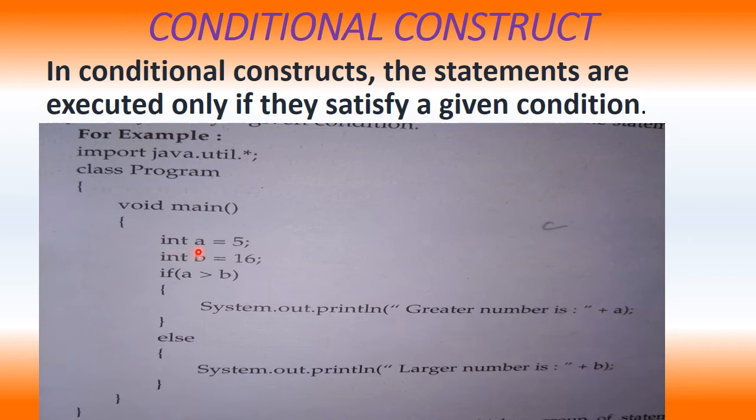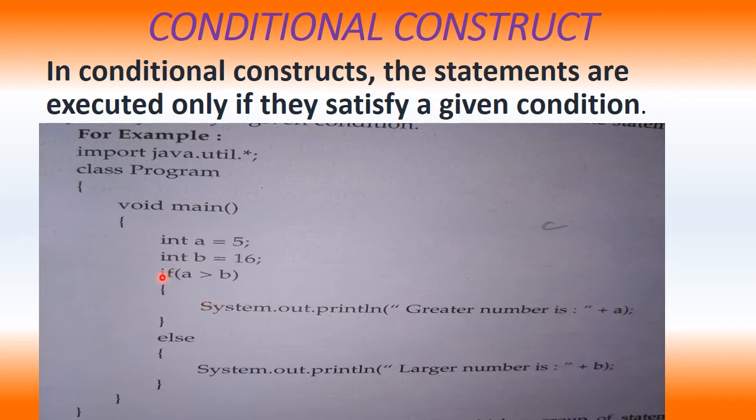The first one is a, value 5. The second variable b is of integer type, its value is 16. And now I am giving a condition: if a is greater than b. First it will check the condition. Is a greater than b? Is your condition true or false? Of course it is false.